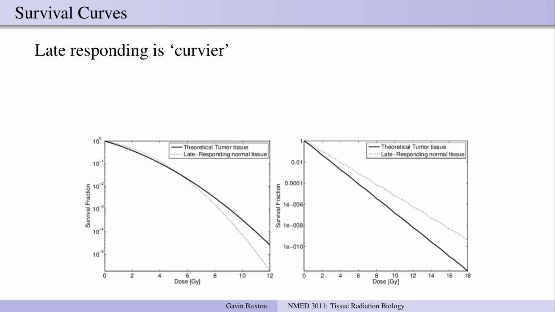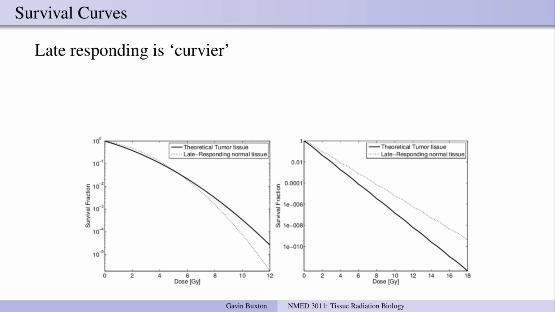So the curve for the late responding normal tissue is the curve you want, the one that bends down more, and the acutely responding normal tissue is the one that is more straight, right? The dark black line in this case.